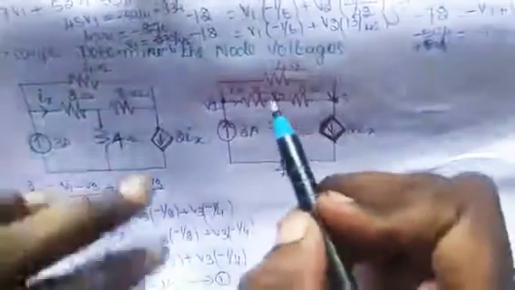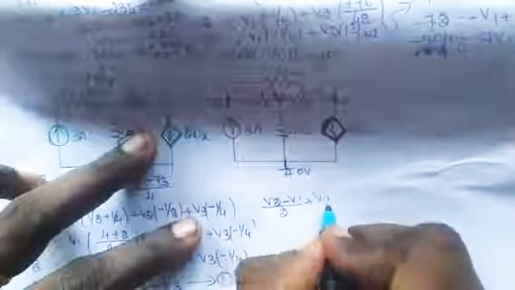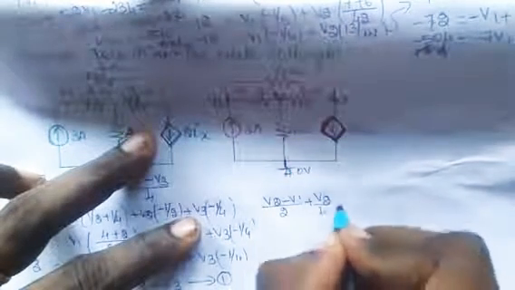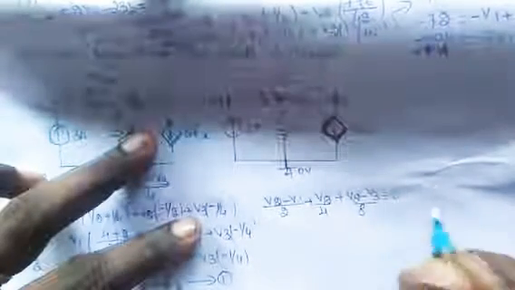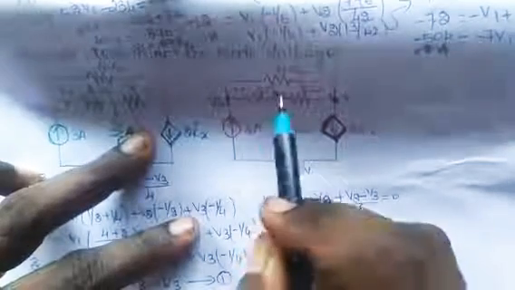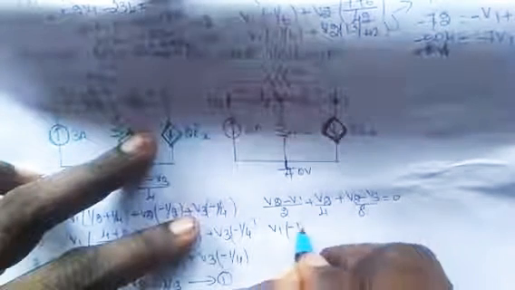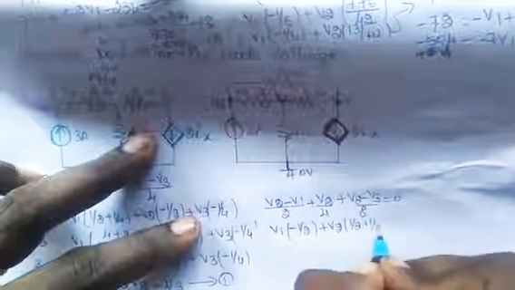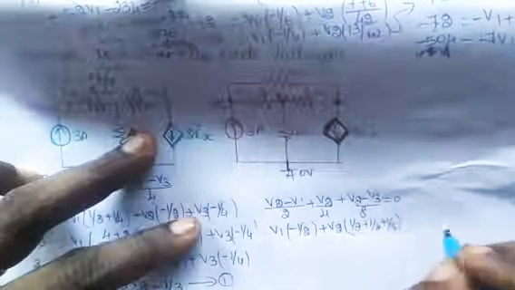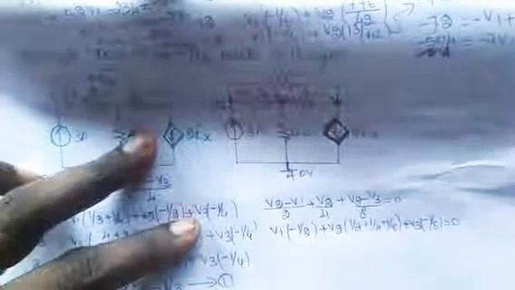Now applying KCL to the second node, (V2 minus V1) divided by 2 plus (V2 minus 0) divided by 4 plus (V2 minus V3) divided by 8 equal to 0, because there is no current which is entering the node V2. So when rearranging, V1 into minus 1/2 plus V2 into (1/2 plus 1/4 plus 1/8) plus V3 into minus 1/8, which is equal to 0.